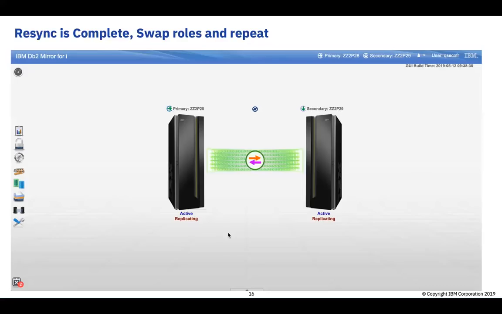When mirroring is suspended, does the secondary reject JDBC connections, or is it up to us to make sure nothing is running on the secondary? I can speak to the IBM i JDBC implementation, and when it goes suspended, we will recognize that and switch. There are lots of JDBC implementations in the industry, and more than JTOpen that run on IBM i, so I can't speak to all the behaviors out there.